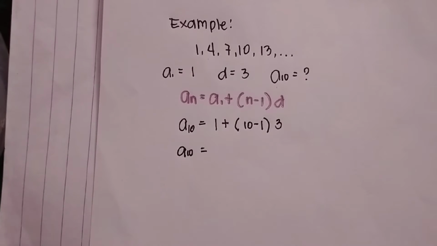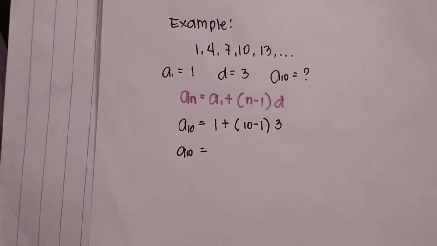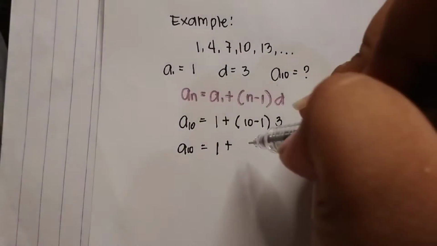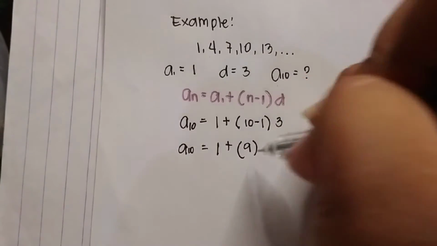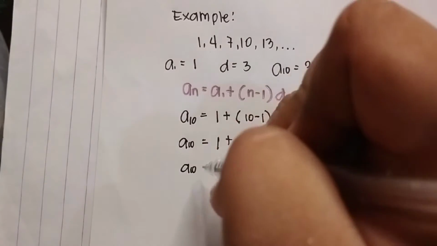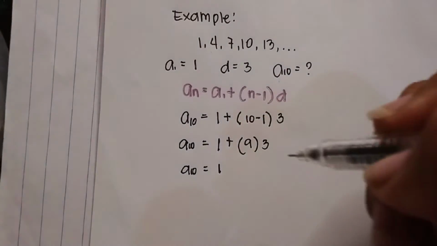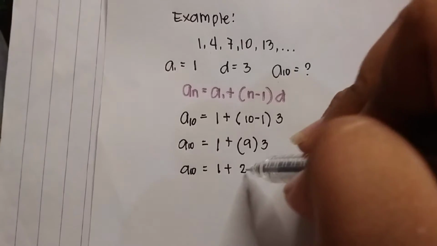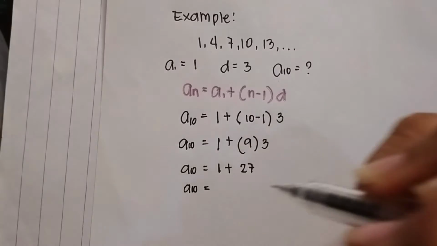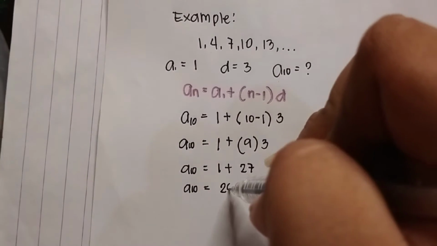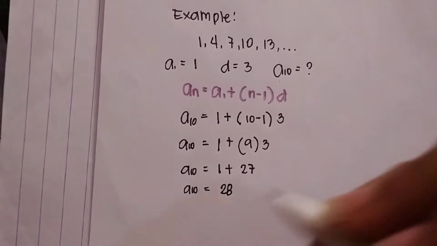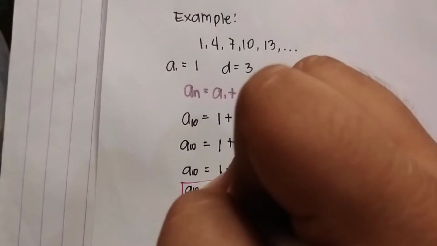We have to solve the parentheses first: 10 minus 1 is 9, times 3. So a sub 10 is equal to 1 plus 27, which is 28. So now we know that the 10th term is 28.